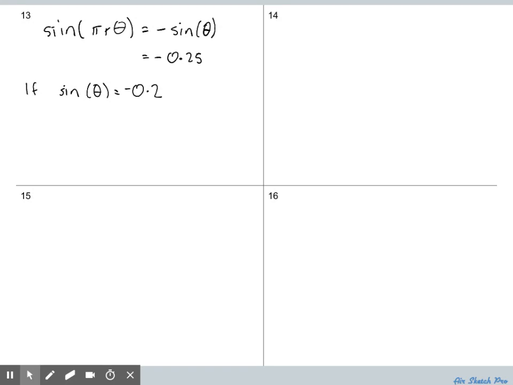So if sine theta equals negative 0.2, then sine of pi plus theta would be equal to the same thing, negative sine theta, negative negative 0.2, which would be positive 0.2. So that's a symmetrical arrangement we have with sine, where if we add pi to the angle, it just changes the sign of the value for sine.